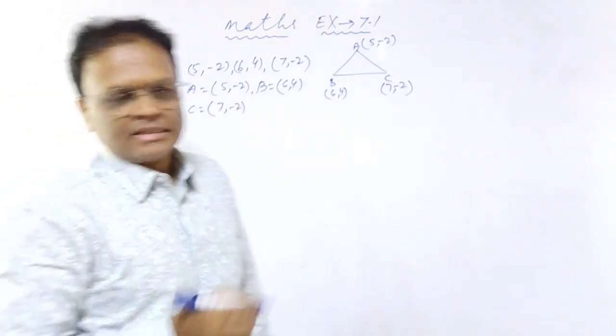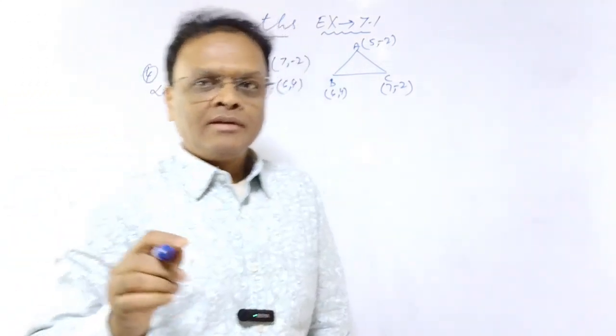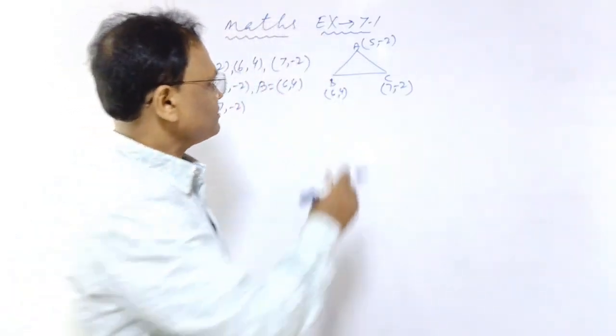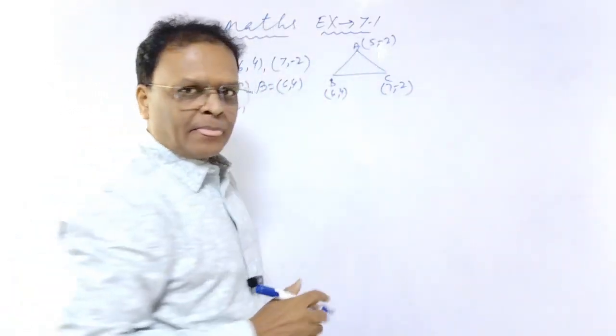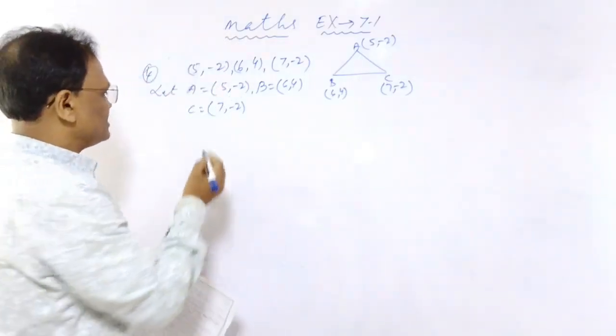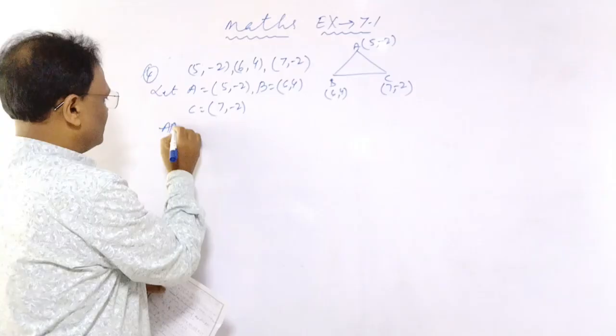If I want to check whether these points are the vertices of an isosceles triangle or not, I need to find the sides AB, BC, AC. If two sides are equal, then definitely that is an isosceles triangle. So let me find the sides one by one.